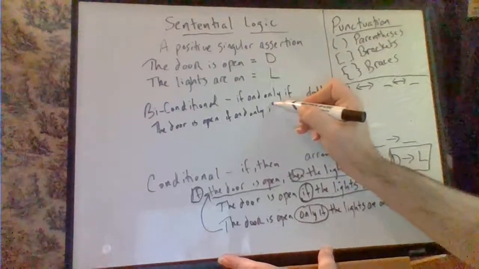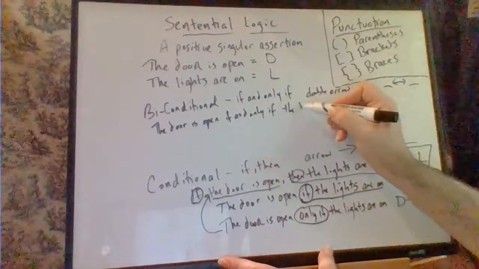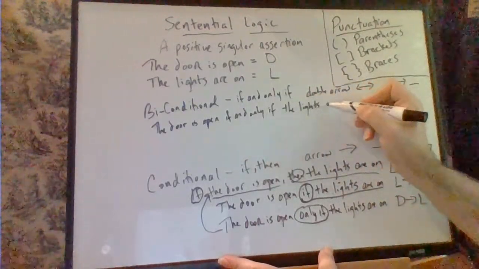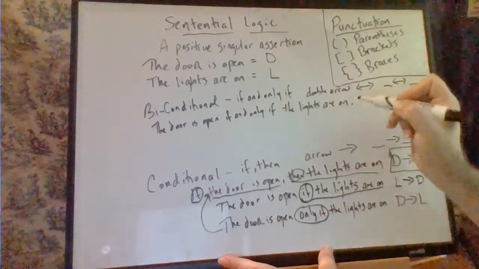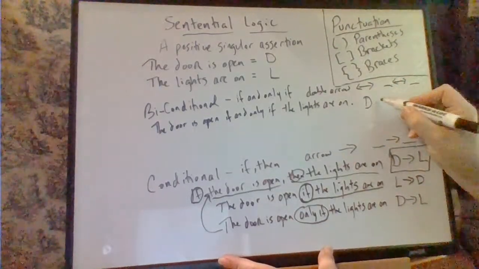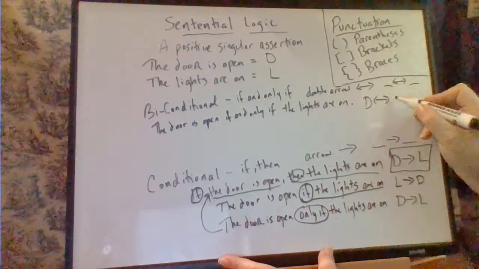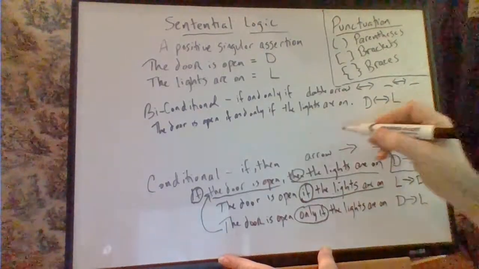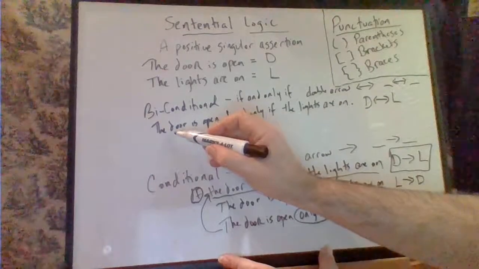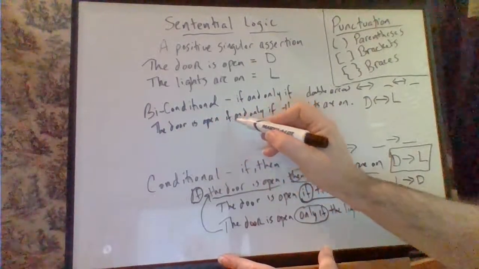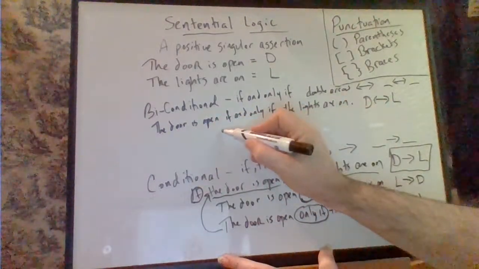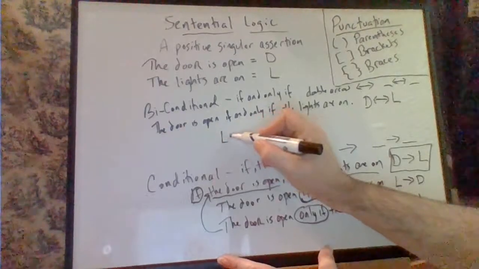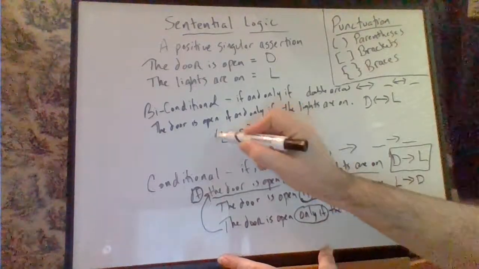So the door is open if and only if the lights are on. The door is open if and only if, goes both directions, the lights are on. And basically what this is, it's a shortcut of saying this. The door is open if the lights are on. So that would be if the lights are on, then the door is open.